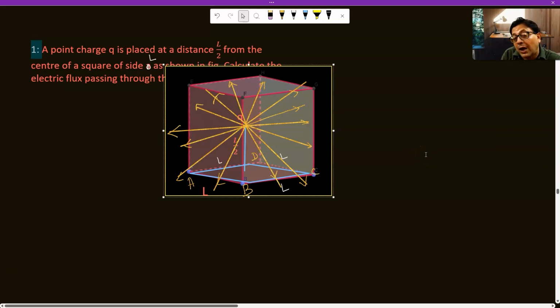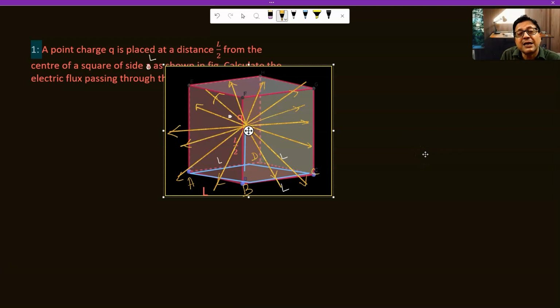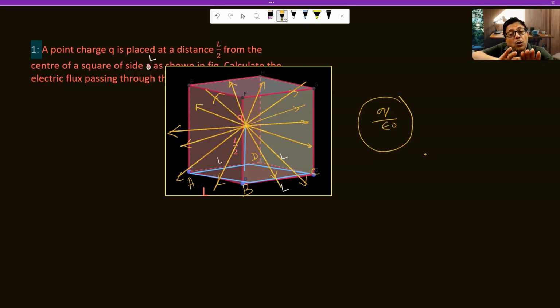How? Because total outward flux, the charge lying at the center, is going to be Q by E0. If it lies at center, then it is quite obvious that through all 6 faces of the cube, equal number of lines of forces are passing.